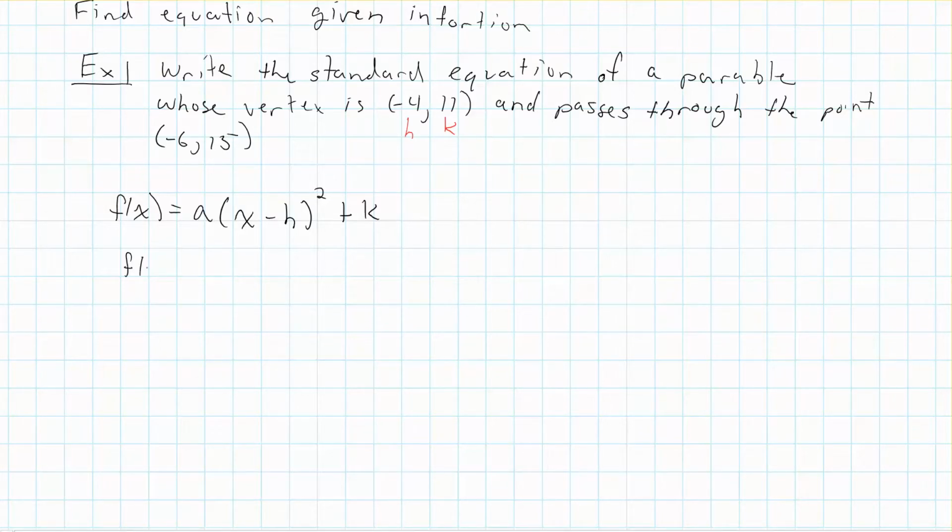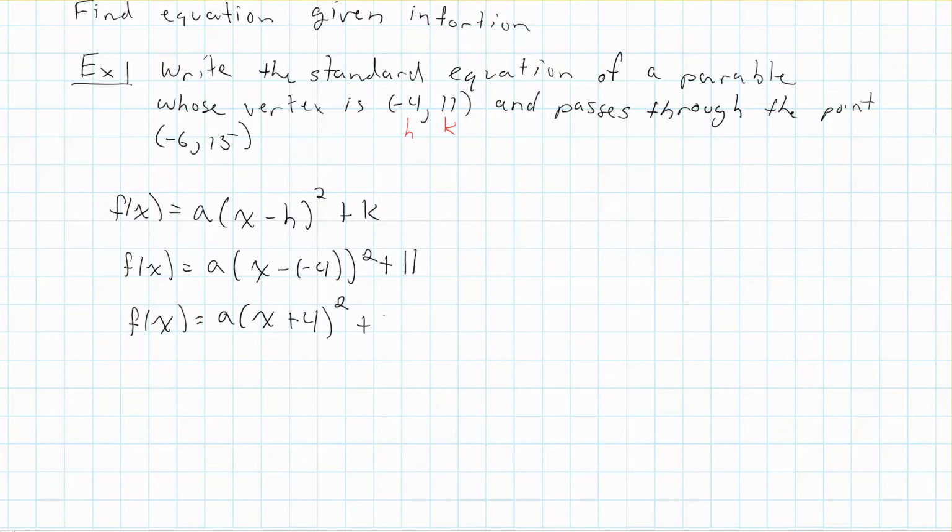So f of x is equal to a times x minus negative 4, quantity squared, plus 11. Now let's simplify a tiny bit. f of x is equal to a times x plus 4, quantity squared, plus 11.